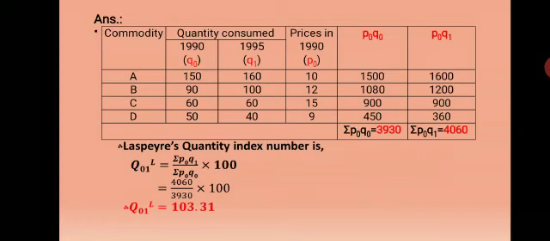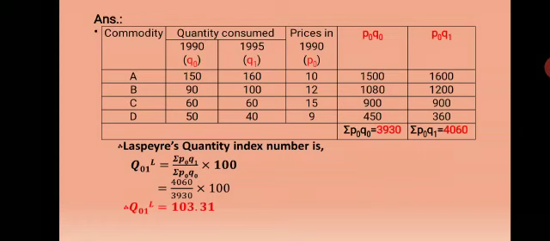Then we have the Laspeyres quantity index number formula: Q01 of Laspeyres is equal to summation P0 Q1 divided by summation P0 Q0 into 100, which is equal to 4060 divided by 3930 into 100.